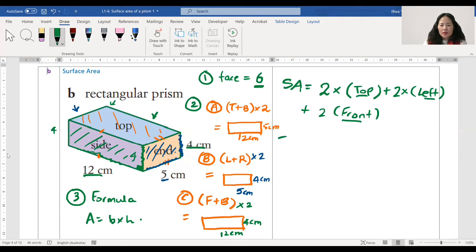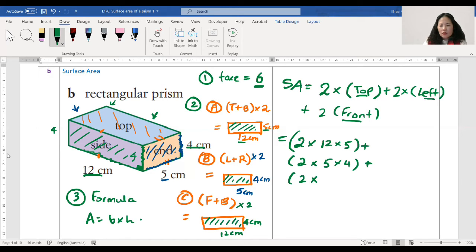Now I'm going to put in numbers. 2 of the top and the bottom: it'll be 12 times 5, plus 2 of the left and right, which is 5 times 4, and then 2 of the front and the back, which is 12 times 4.